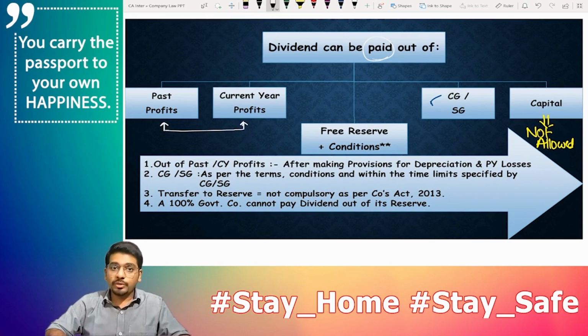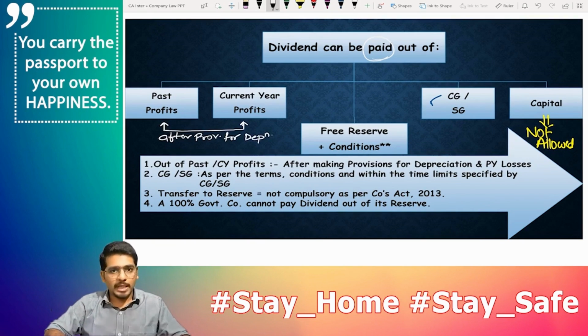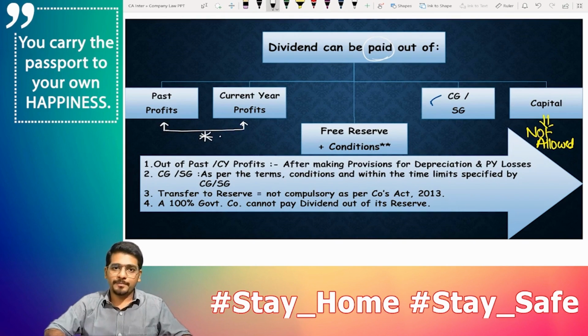You can use both also, but after providing for depreciation. Am I right? After providing for depreciation. I will make a star over here, which means conditions apply.